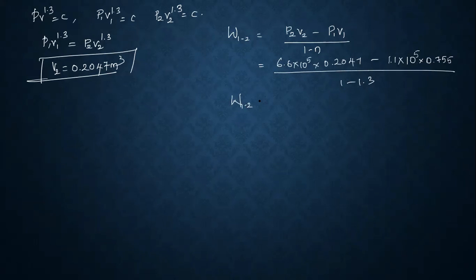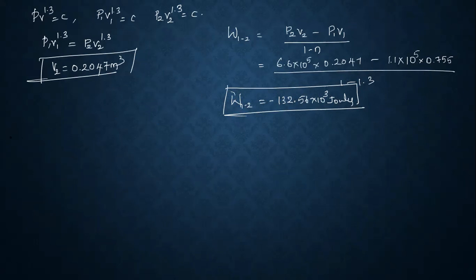Therefore, W1 to 2 is equal to minus 132.56 into 10 to the power of 3 joules. Negative sign indicates it is a compression and work done on the system.